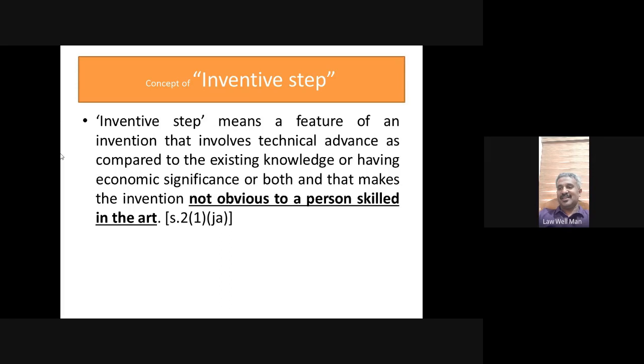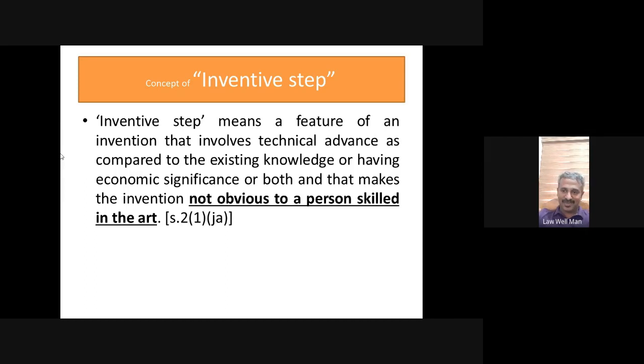The person skilled in the art is the hero of the drama of patent. Reasonable man is the hero of the drama of tort. In tort, for negligence and very many other specific torts, the test laid down by the court is whether a reasonable man or woman would have done this.